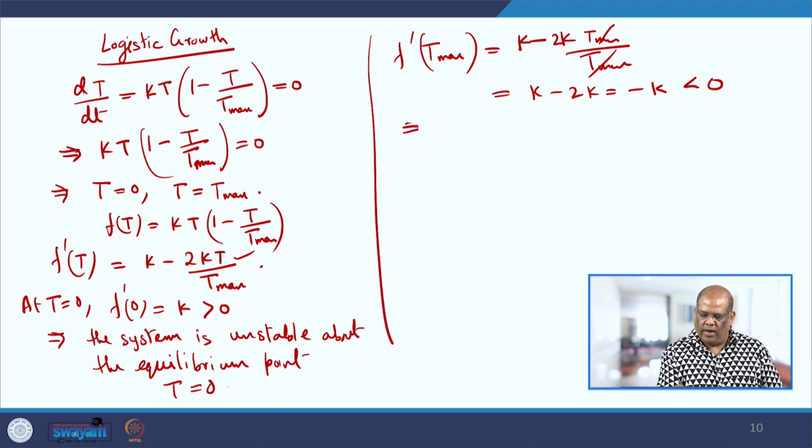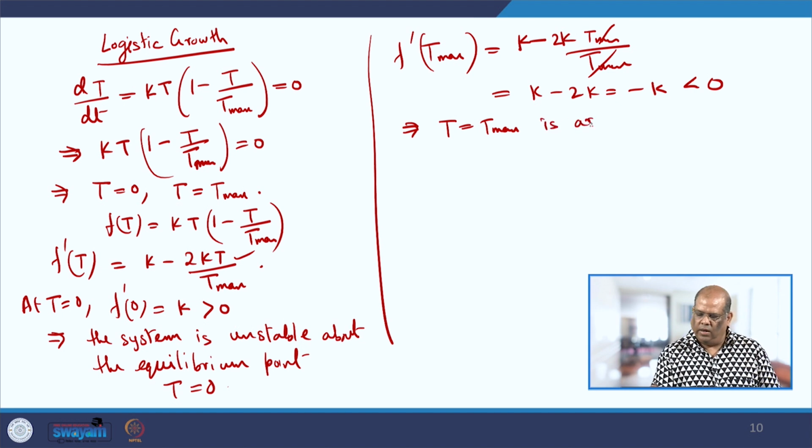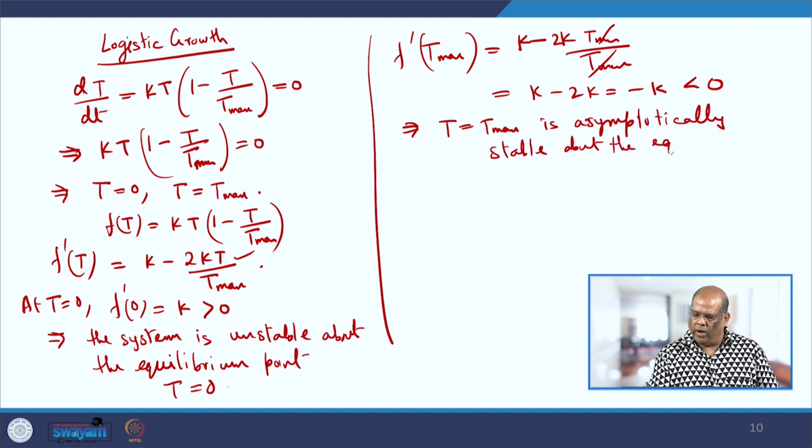So, this implies that T equal to T max is asymptotically stable about the equilibrium point.